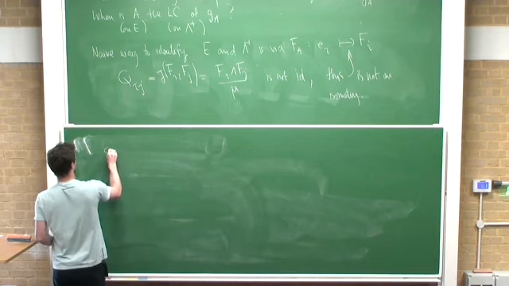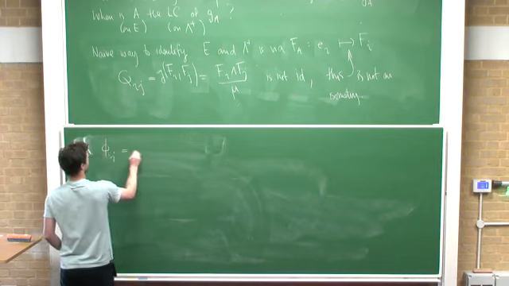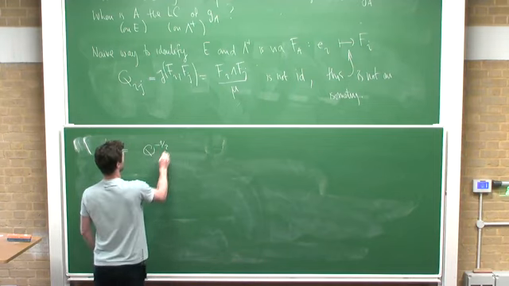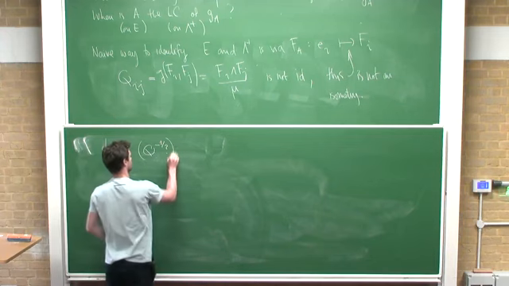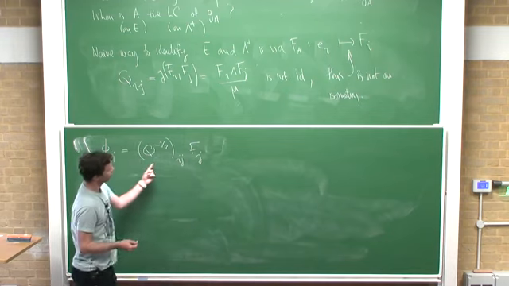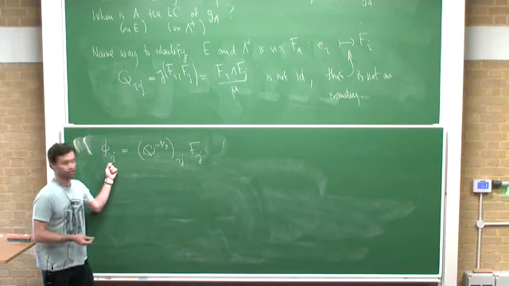So I'm going to write phi_i to be Q to the minus 1/2 applied to the F's. Q is a positive definite matrix, so it has a positive definite square root, which I can then invert. And this linear combination of the F's now gives me an orthonormal frame for lambda plus.